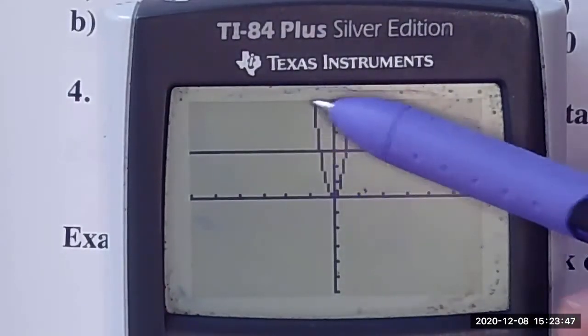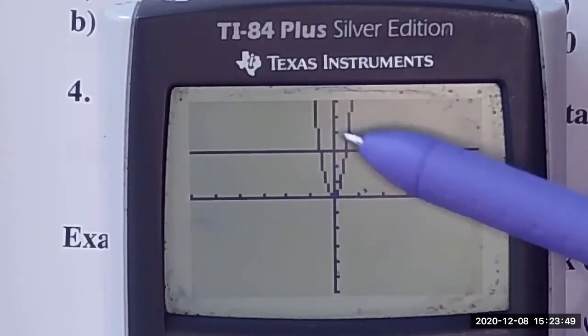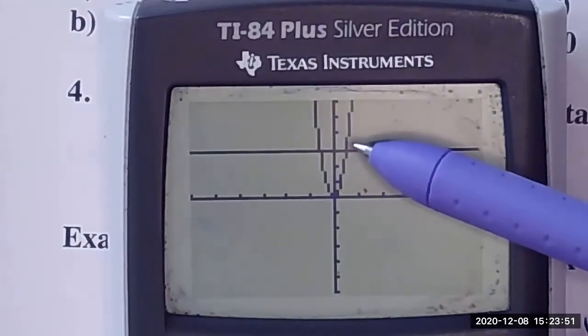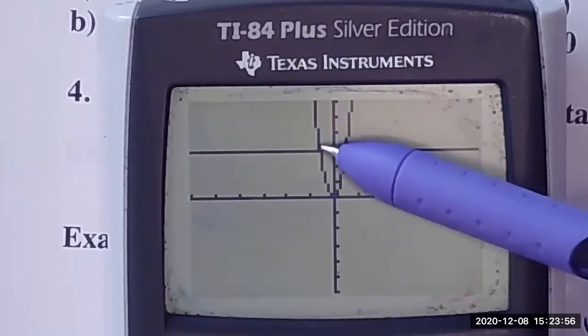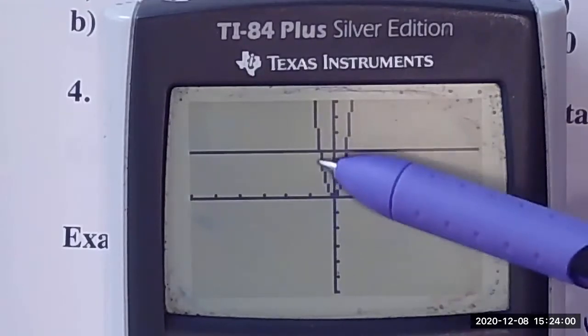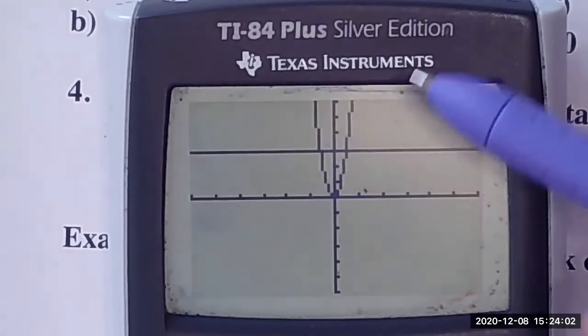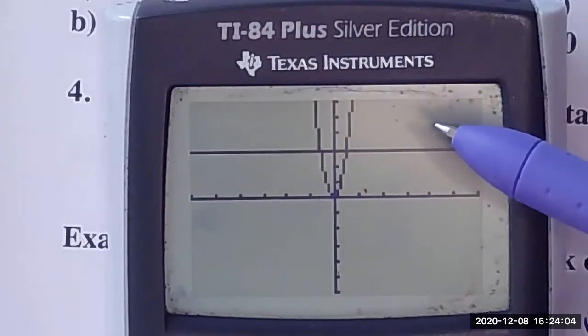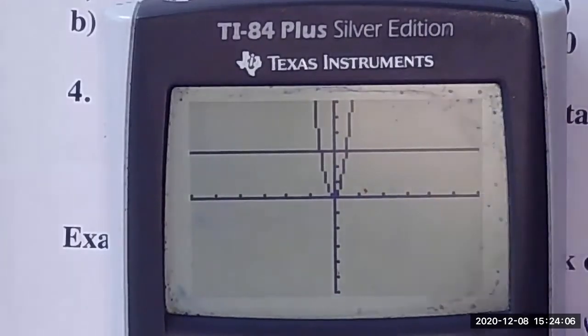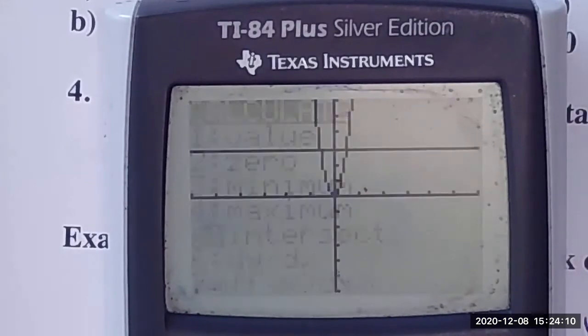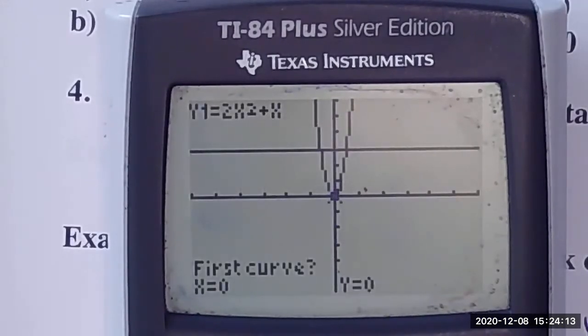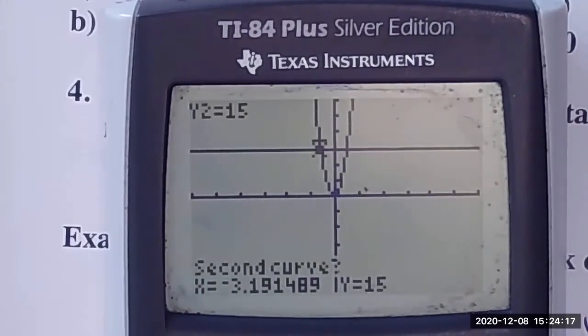So your answers are on these two little pieces right here. And the answers have to be the x value. So it'd be from negative infinity up to wherever this is, right there. Where is there? I could find that with my graphing calculator using the intersect key. Okay, if I do intersect, first curve, second curve.